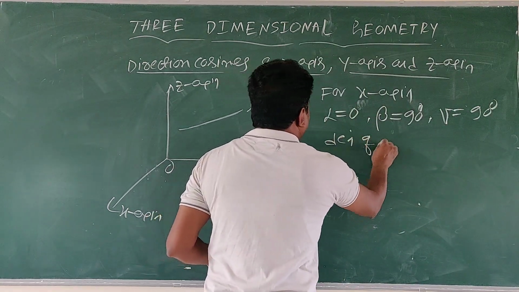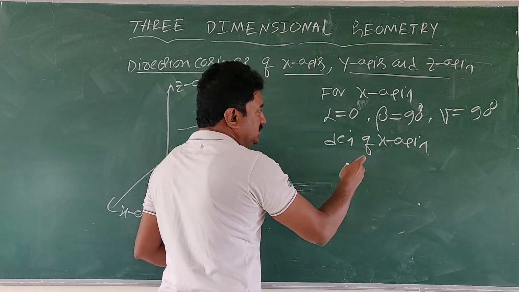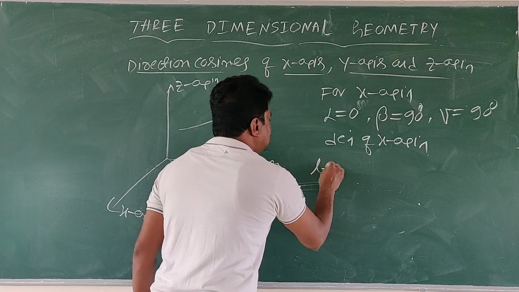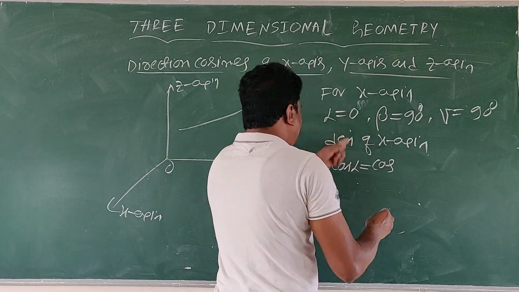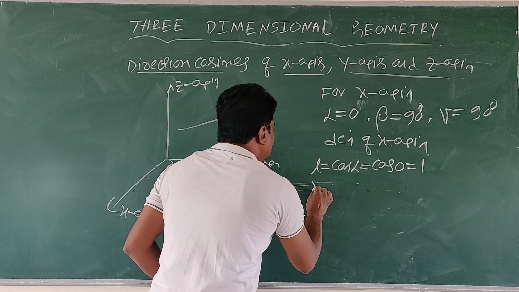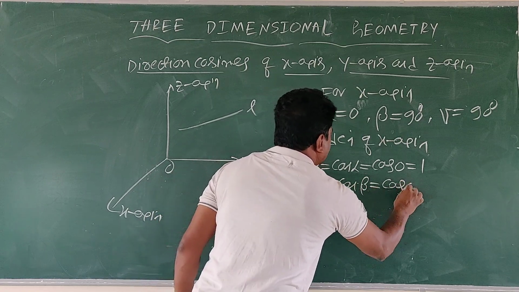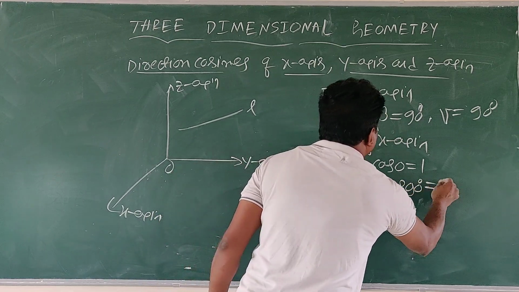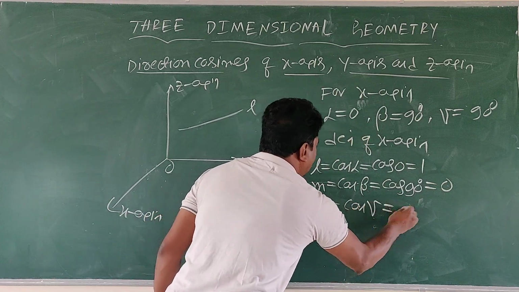Tell me DCs of x axis. L equals cos alpha. Alpha is 0 degree. How much is cos 0? 1. M equals cos beta. Cos 90 degree is 0. N equals cos gamma.